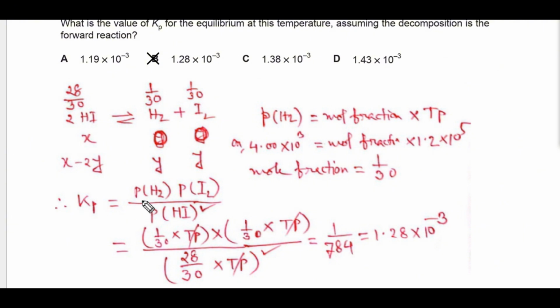So the partial pressure of hydrogen will be mole fraction of hydrogen times total pressure Tp. Then the partial pressure of iodine will be mole fraction of iodine times total pressure. Then the partial pressure of hydrogen iodide will be mole fraction of hydrogen iodide times total pressure, squared, because there are 2 mole of hydrogen iodide. If you calculate, you will get 1.28 times 10 to the power minus 3. There is no unit because the units cancel, as there are the same number of moles on both sides.